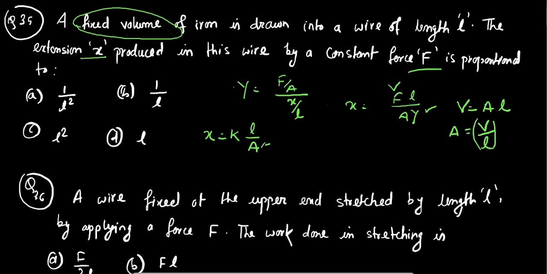So here I'm going to utilize this, and on using this value here we'll get x equal to k L square by V, and from the question V is also constant, so we can get our result, that is x is proportional to the square of length. Okay, so extension produced in the wire is directly proportional to the square of length.